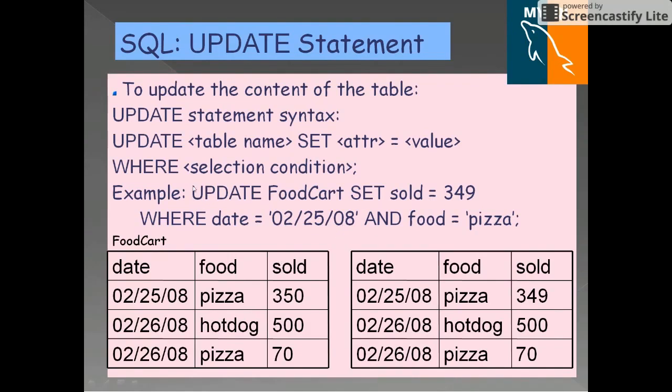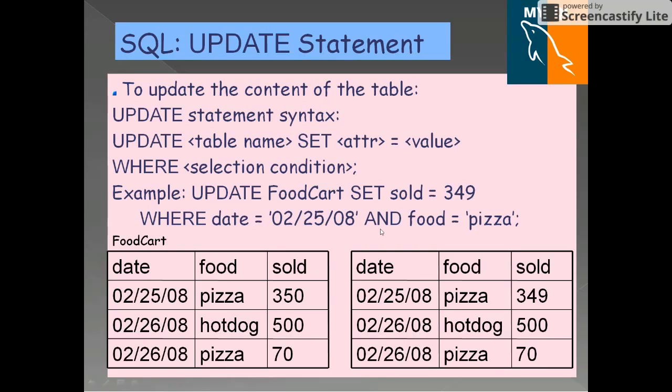But if we write this line only, the value of sold in all the rows gets modified. But we want to modify only the first row. So we need to use another clause, that is where date equals the value of date, and type and food equals to pizza. This identifies this unique row.